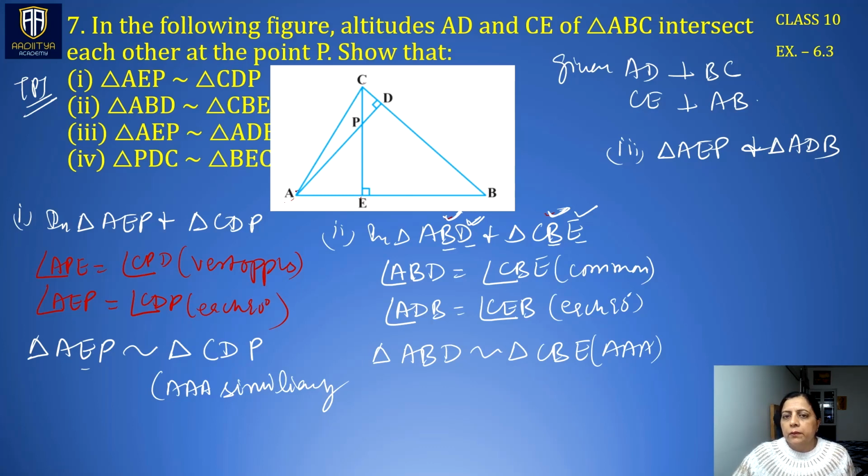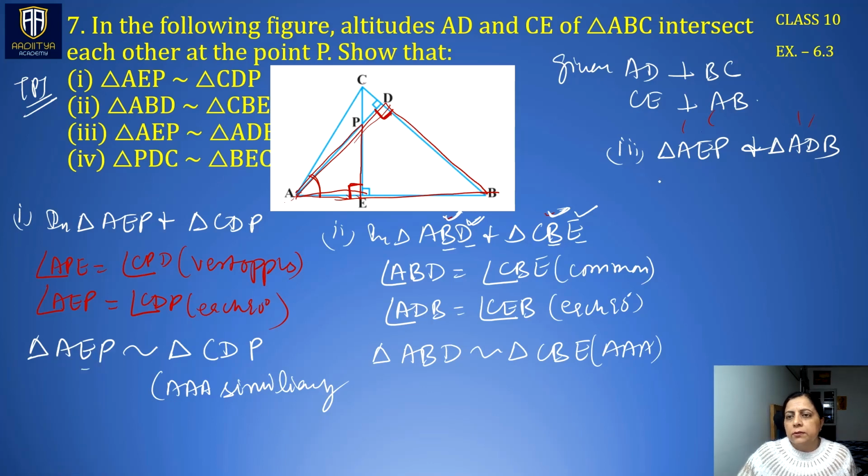This is the triangle AEP, then ADB. This is a bigger triangle, right? So I had told you to look for the letters, like A is equal to A. That we can see A is common. Then can we go for E and D? Yes. Angle D is 90 and in AEP this angle is 90. So we have got two angles equal.